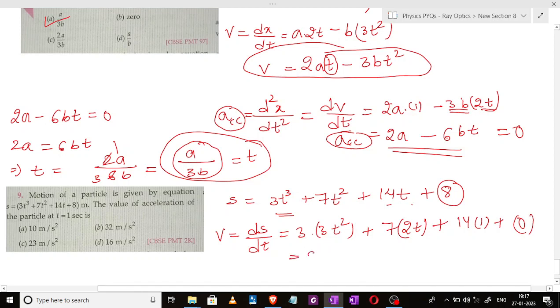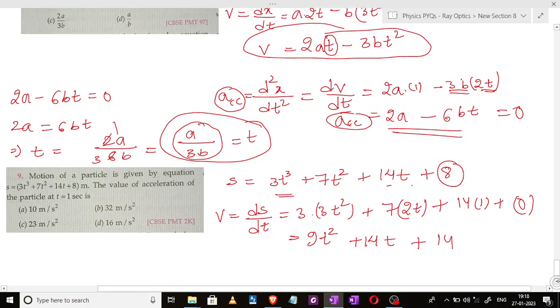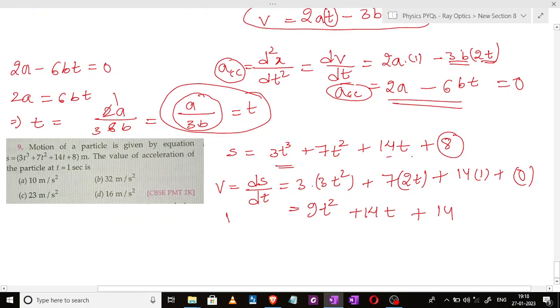So 3 into 3 is 9 t square plus 7 into 2 is 14t plus 14 into 1 is 14. This is the value of velocity, right?